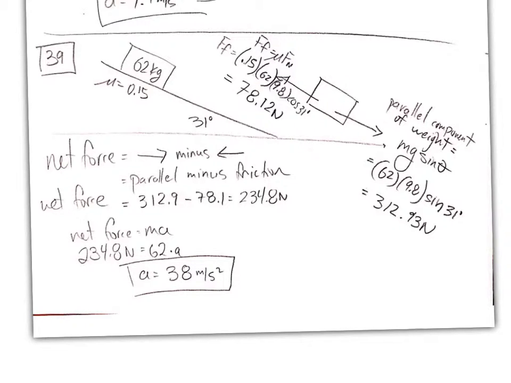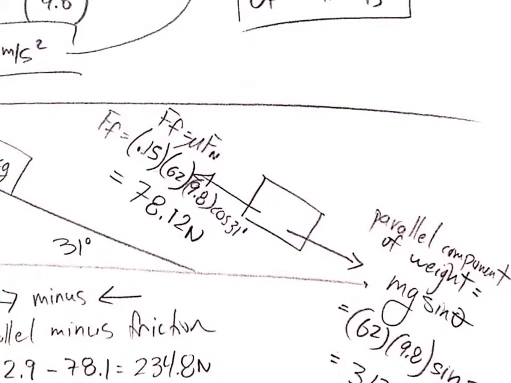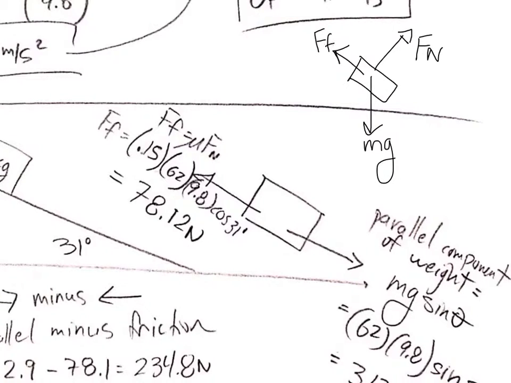A free body diagram would look like this. We have the skier. Weight pulls downward. Friction pulls back up the hill, and the normal force pushes. So we would label that normal force, weight downward, and force of friction. That's a free body diagram, just the skier and the forces acting on it.